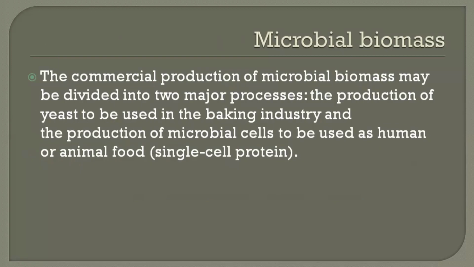The first one, microbial biomass, can be used to produce other important microorganisms, including the yeast used in baking and those used as animal and human feed as single cell protein. Number 2 is the microbial enzyme.